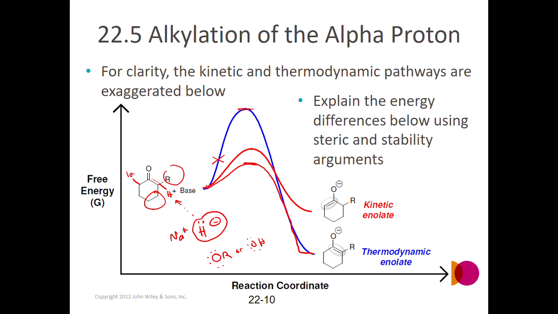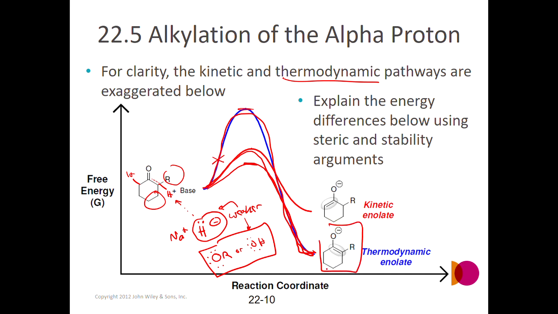So even if there's a very minimal difference between the pathways here, or even if this pathway is higher in energy, if I use a weaker base compared to LDA specifically, then the reaction can shift back and forth. And eventually, when it shifts back and forth, I have thermodynamic control, because thermodynamically, I'll end up with more of the enolate that's more stable in the end.